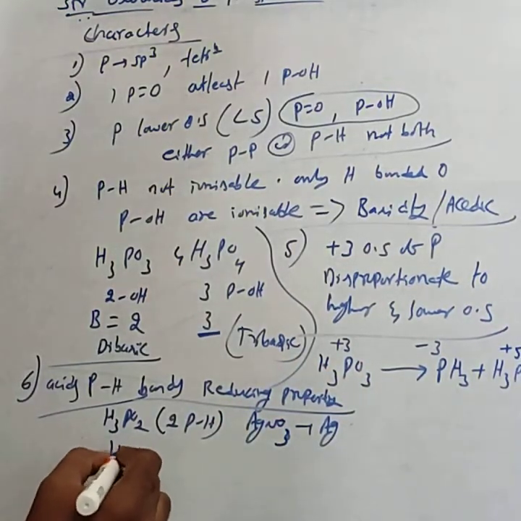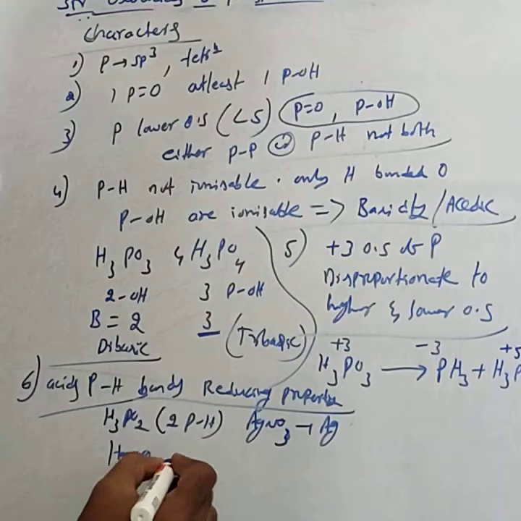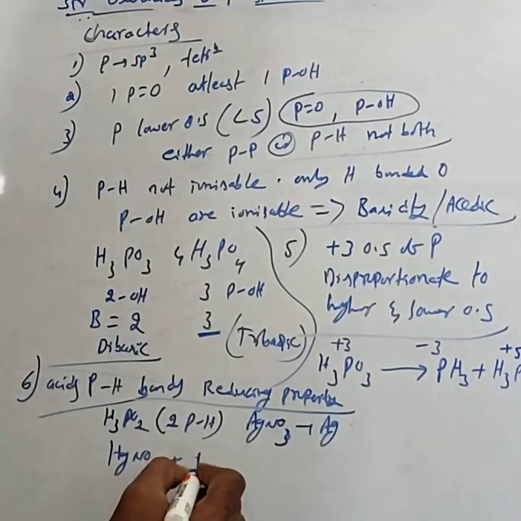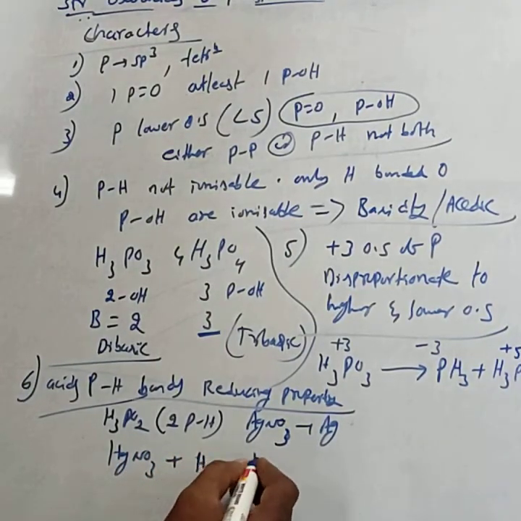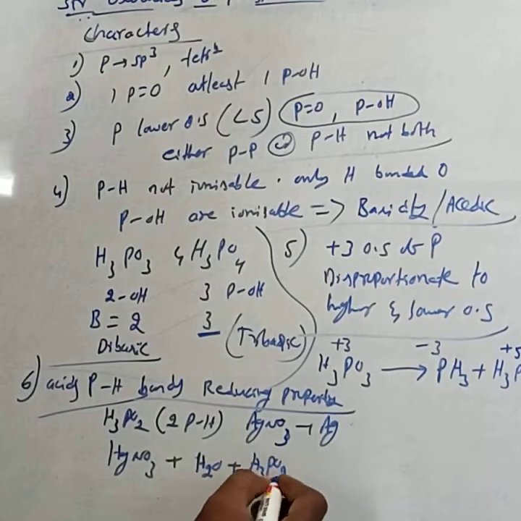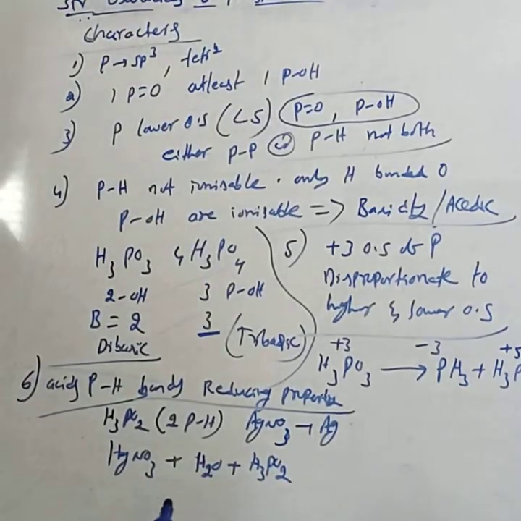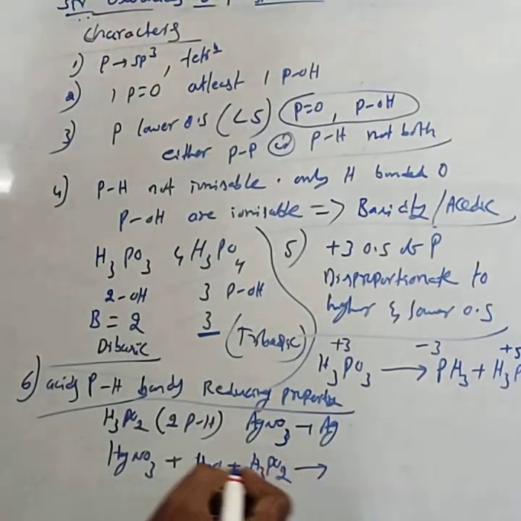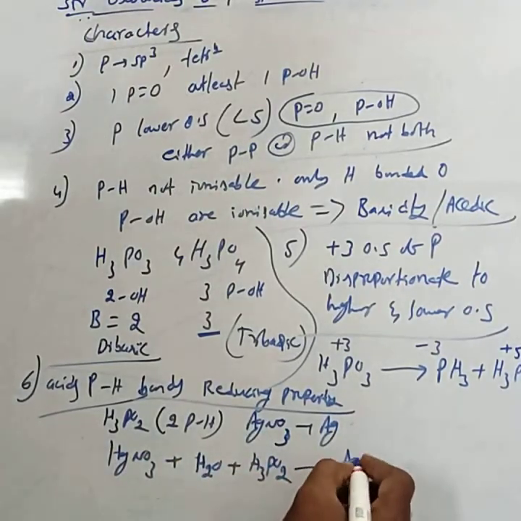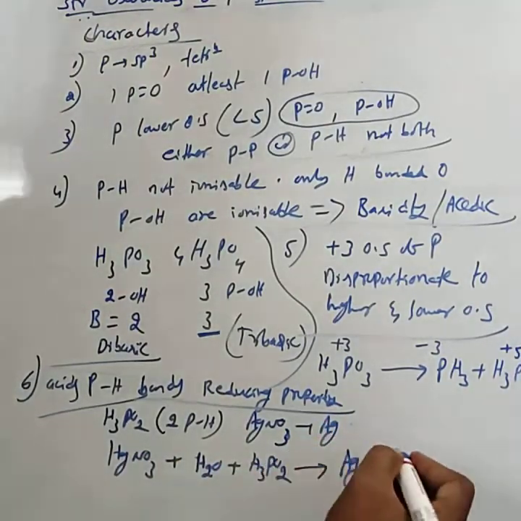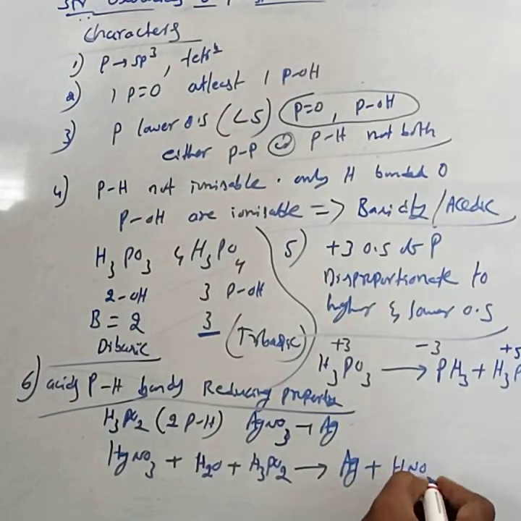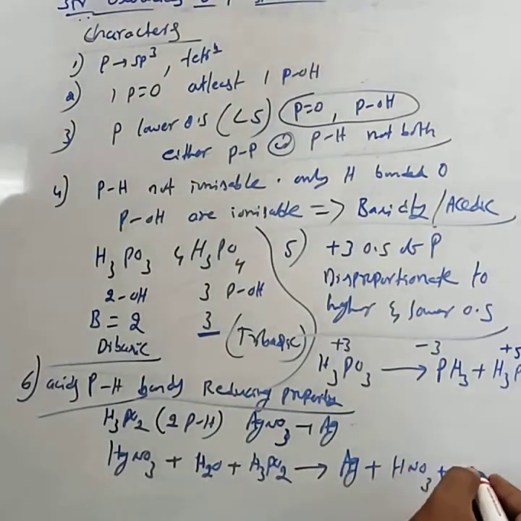That is AgNO3 plus H2O plus hypophosphorous acid H3PO2 reduces silver nitrate into silver, Ag, then HNO3 and H3PO4.